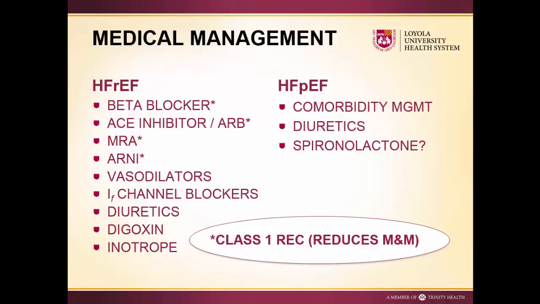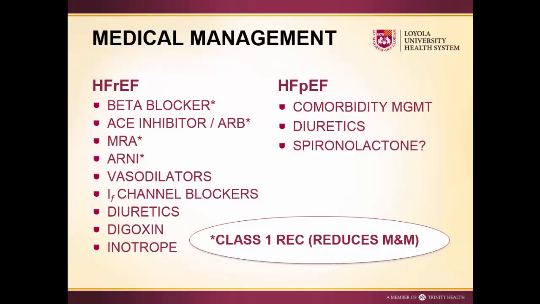In subsequent studies that added them on, each new medication class was recognized to be a good way to attack the neurohormonal imbalance that leads to progressive heart failure. Each one of those studies showed progressive improvement in both morbidity and mortality. As such, all those medications receive Class 1 recommendations for any patient who has a reduced ejection fraction.